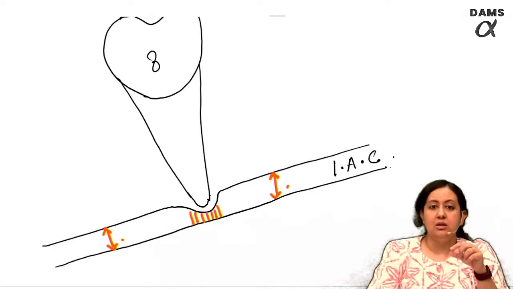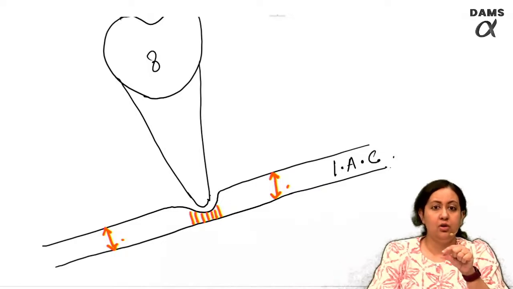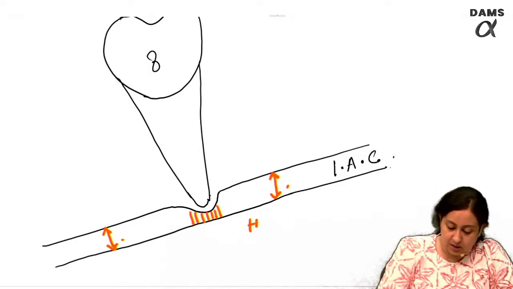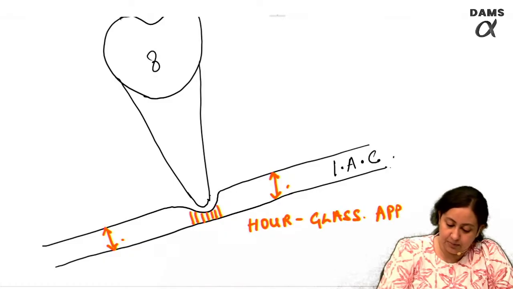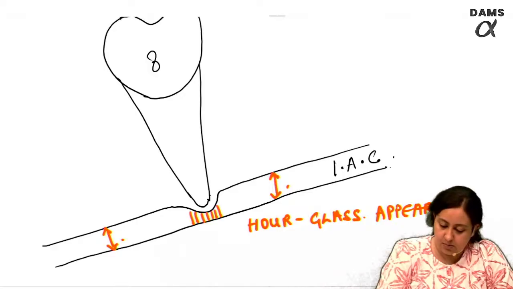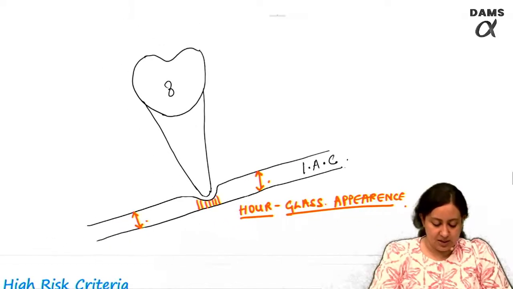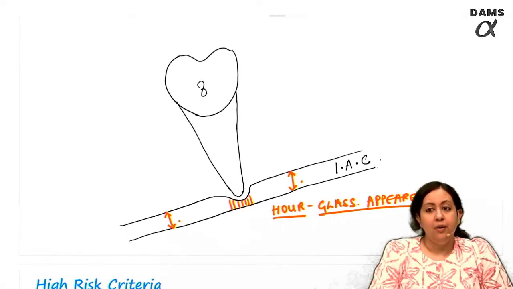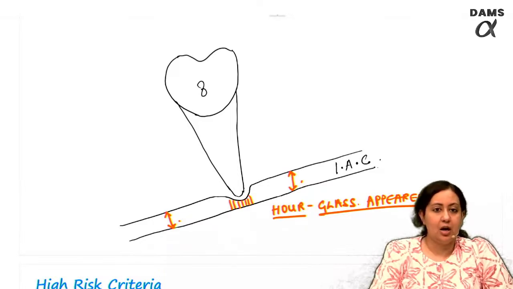Hence, it causes a decrease in width of the nerve canal, or narrowing of the nerve canal. This is also known as hourglass appearance. So those were our 6 radiographic criteria for identifying whether the impacted tooth is in close proximity to the nerve canal or not.